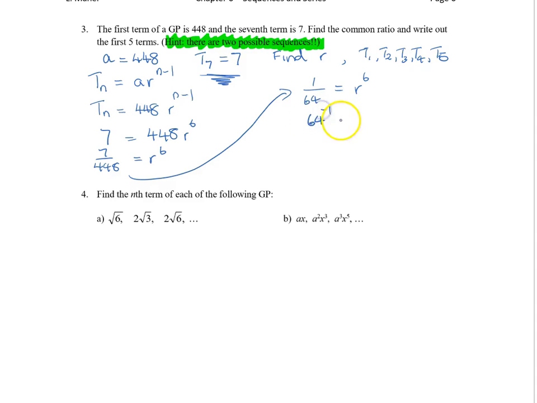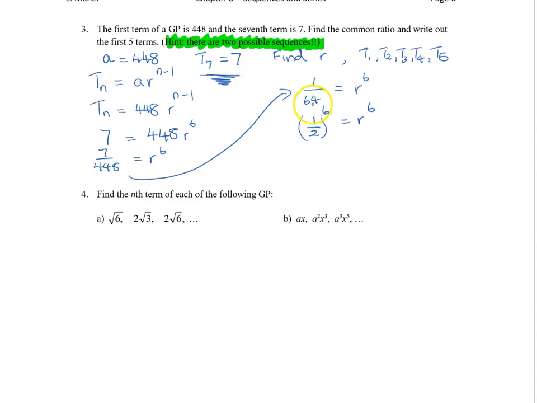64 to the minus 1 is R to the 6. What is another way to write 64? Oh, actually, I've had a rethink about that, and as you can see, I've taken the negative power out. I don't want the negative power. 1 on 64 is, well, I know the connection between 2 and 64.